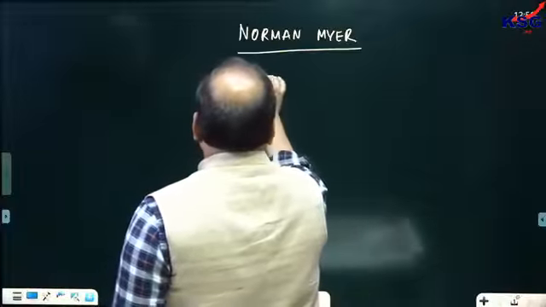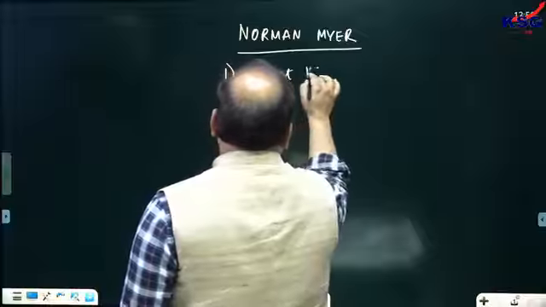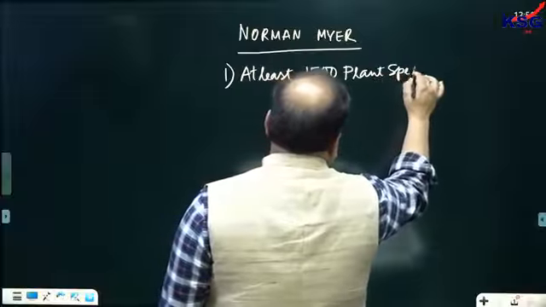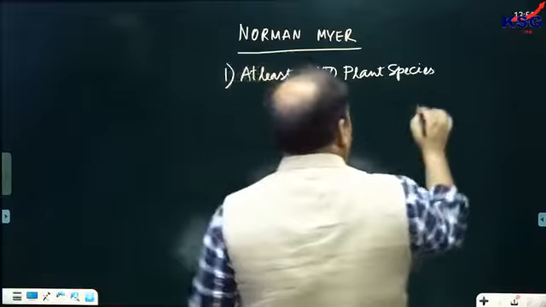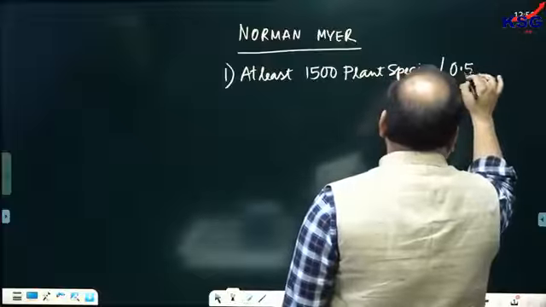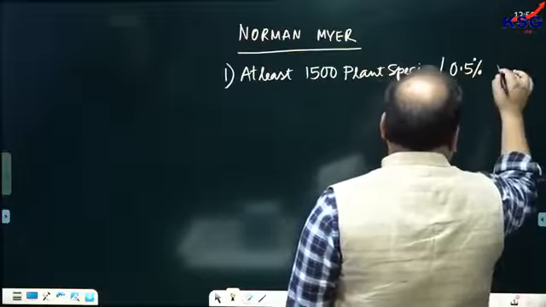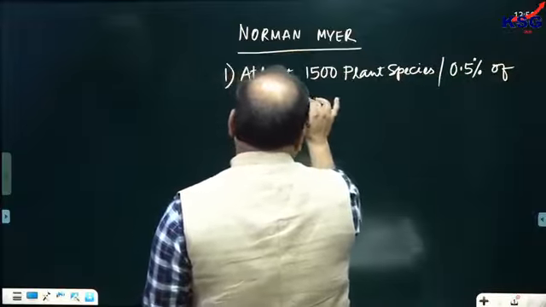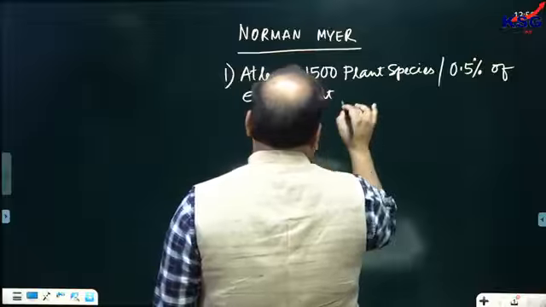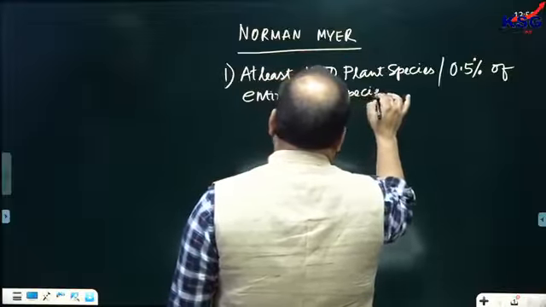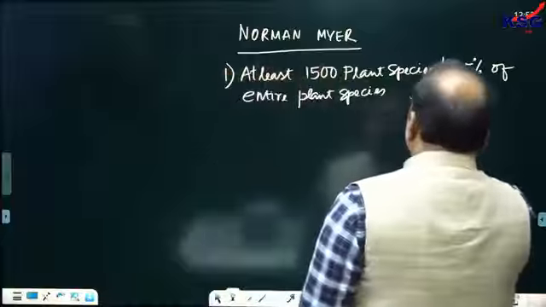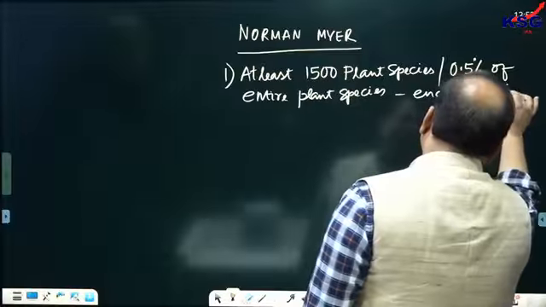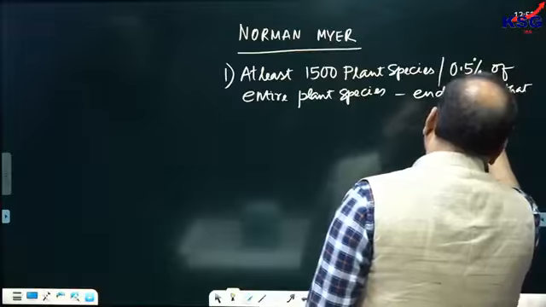First, at least 1500 plant species, or 0.5% of the entire plant species of the world, would be endemic in that area.